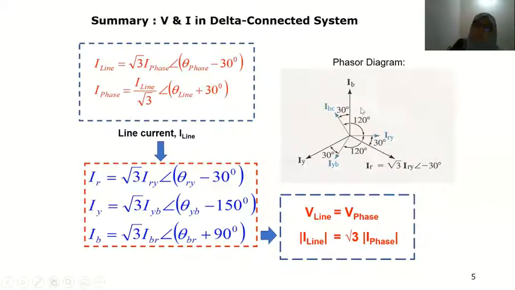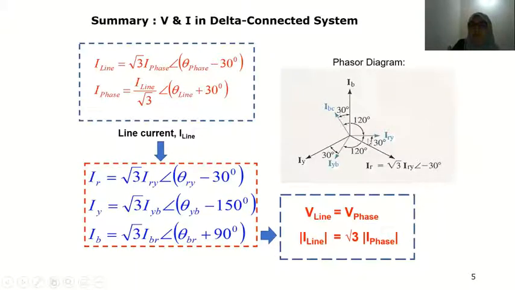The line currents are labeled IR, IY, and IB. The phase currents are IRY, IYB, and IBR.